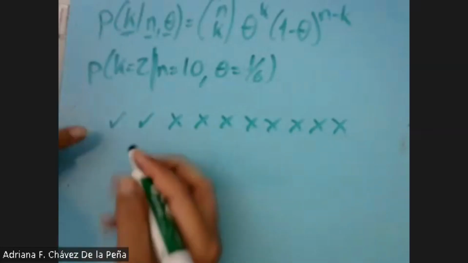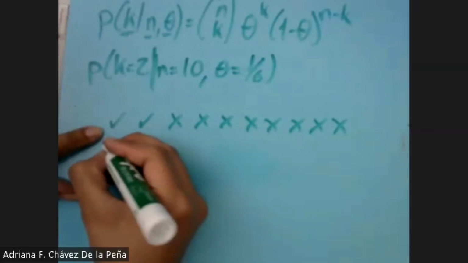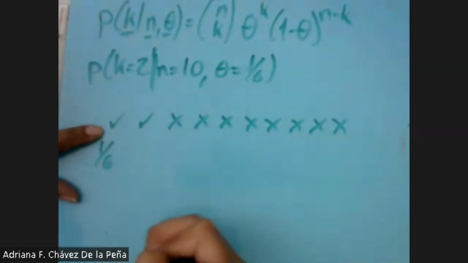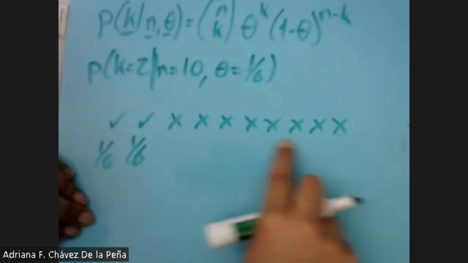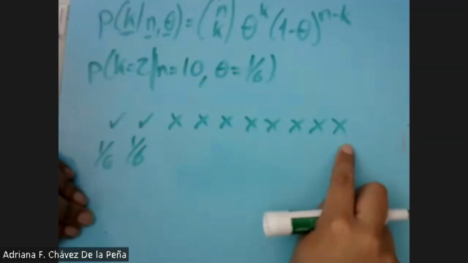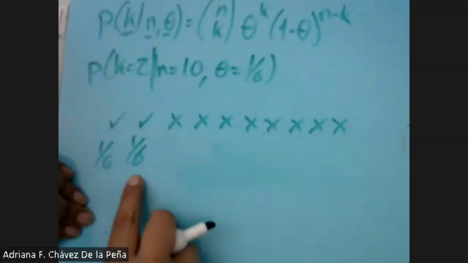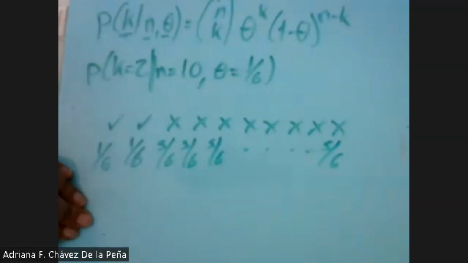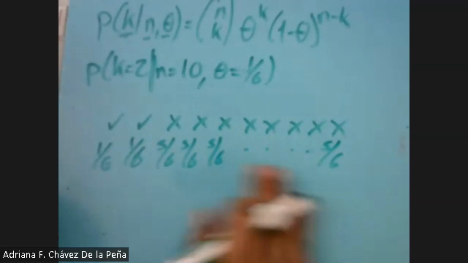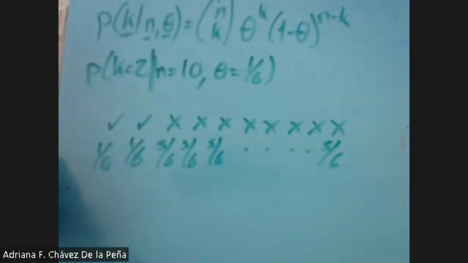I observed here a number 5 with a probability of 1/6. This is another 5. And these are all cases where I got something other than a 5. By my complement rule, I know that the probability of getting something other than a 5 is 1 minus 1/6, so 5/6. These are also 5/6; I just didn't have the space to write them down.